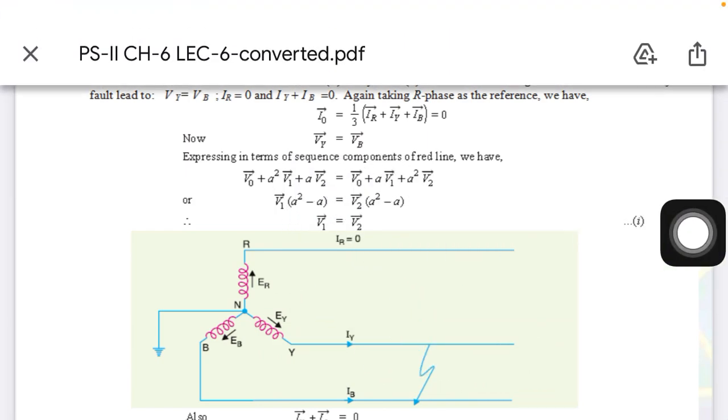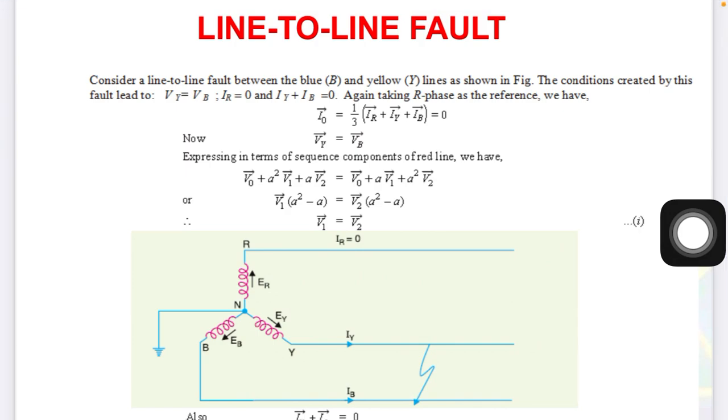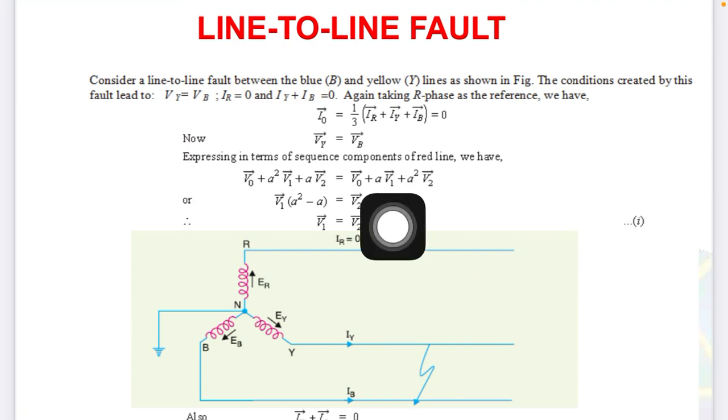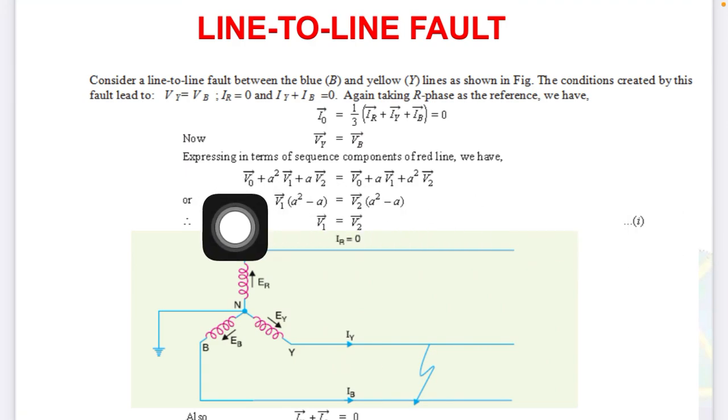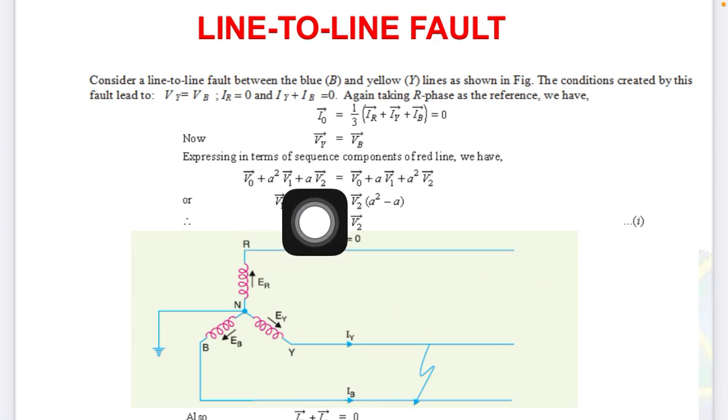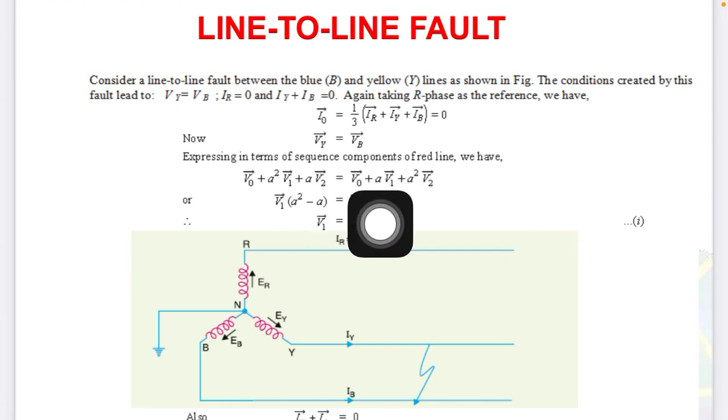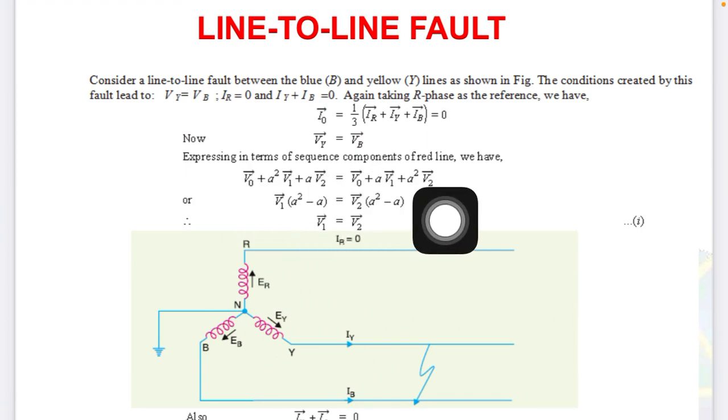Now the expression in terms of the sequence components: V0 plus a square V1 plus a V2 is equal to V0 plus a V1 plus a square V2.